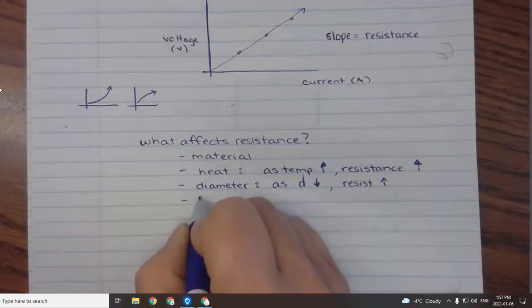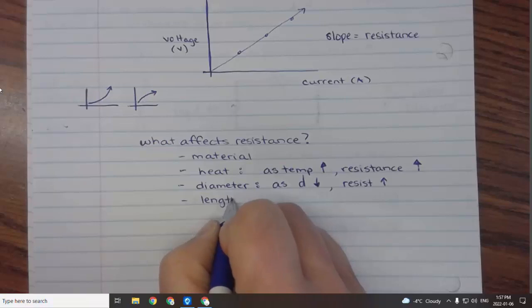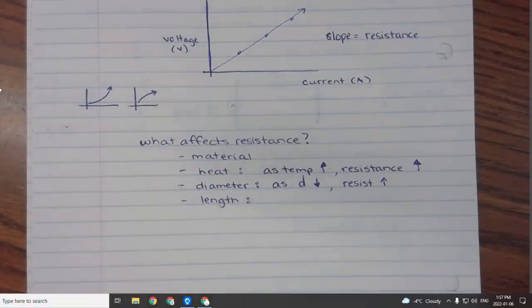And the last one to think about is just the length. And in this case, sort of think about the amount of energy that it would take you to get from the start of the hallway to your locker. Well, if your locker is halfway down the hallway, or if your locker is all the way down the hallway, it's going to take more energy to get all the way down the hall, no matter what the other conditions are.